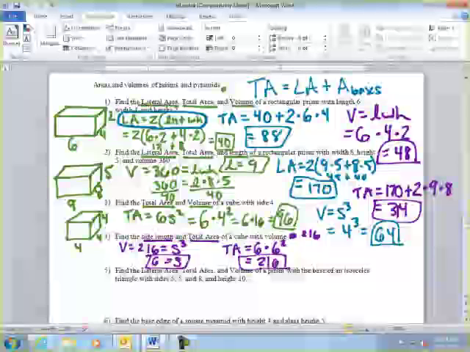The next problem will be our last one for today. We are asked to find lateral area, total area, and volume of a prism with a base of an isosceles triangle. So I'm going to draw an isosceles triangle, and then it says height of 10.